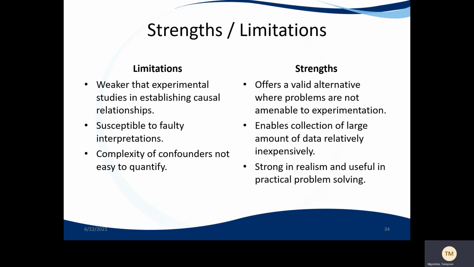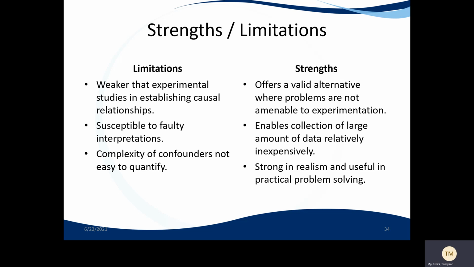So if, for example, I wanted to know in correlational research whether people who watched TV 20 years ago became violent or not, the role of their own character, their upbringing, and other social influencing factors is more difficult and complex to identify and quantify. So the complexity of confounders is much more difficult to quantify.